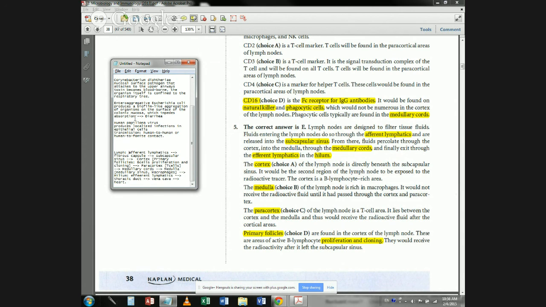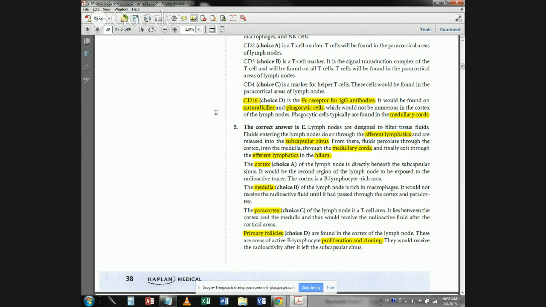So am I wrong in assuming that radioactivity actually does happen in the subcapsular sinus? I suppose when you inject somebody with that and you're looking at the lymph node and you take a moving x-ray and see how it's happening, it would enter there first. So I'm thinking my concept of radioactivity is wrong here.